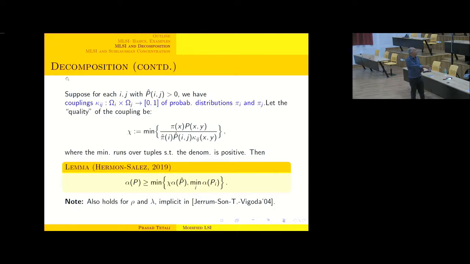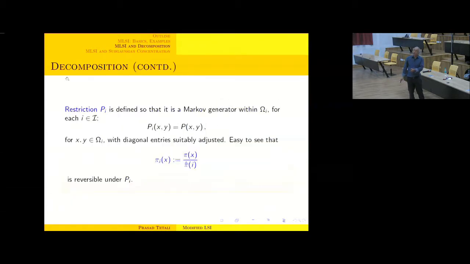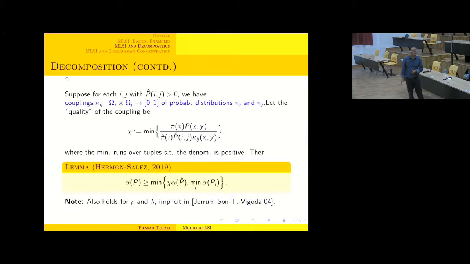The left marginal should be the measure of the ith piece, the right for the jth. One marginal should be pi I, the other marginal pi j. Okay? So you can define this for any coupling. The art to doing this scientifically will be in coming up with a good kappa ij in your application.